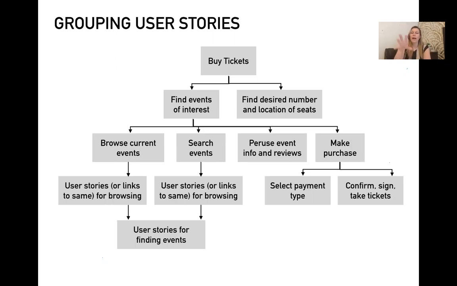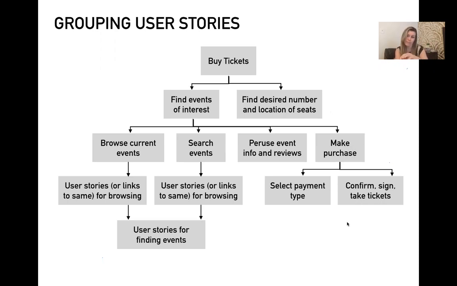So here we kind of have our flow chart of our ticket buying process. At the top, we have buy tickets, find event of interest, and down here, find desired number and location of seats. Under events of interest, you have all these different options. You want to browse events, search events, peruse event info and reviews, or you might want to make a purchase. If they make a purchase, you might select payment type.